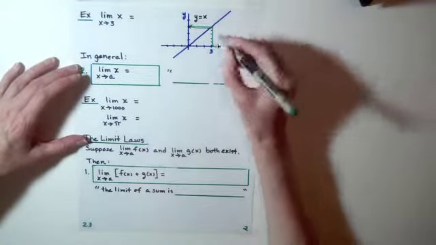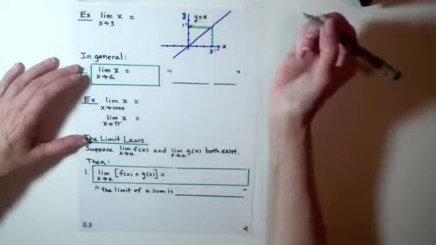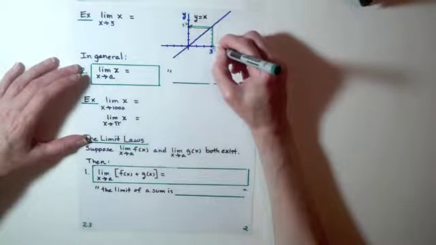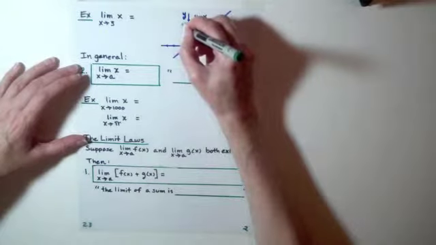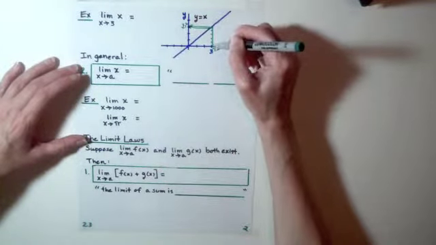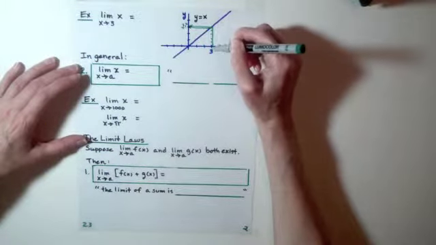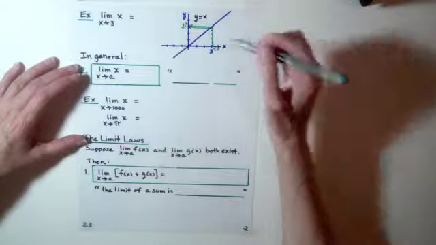So if I put 3.2 in for an input, I would get 3.2 as an output. If I put in 3.1 as an input, I would get 3.1 as an output. The closer my x gets to 3, the closer my y's get to 3. So the limit from the right-hand side would just be equal to 3.